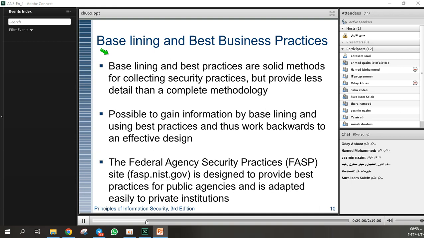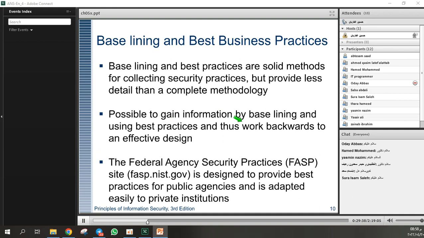I can use those details instead of applying a complete methodology to do something. I can prepare fewer details in this case. I can gain that information by baselining and using best practice.